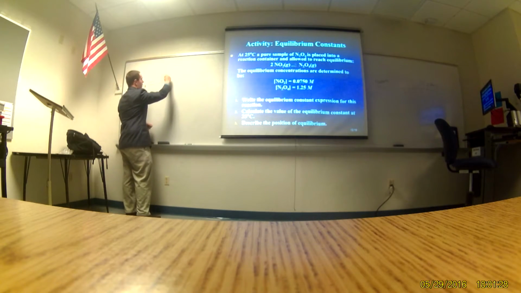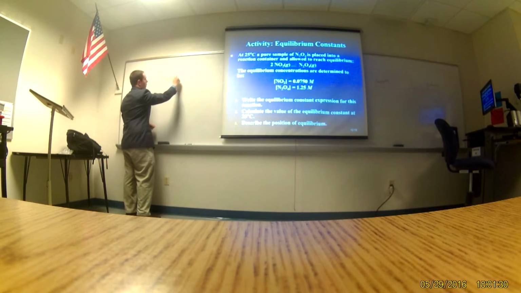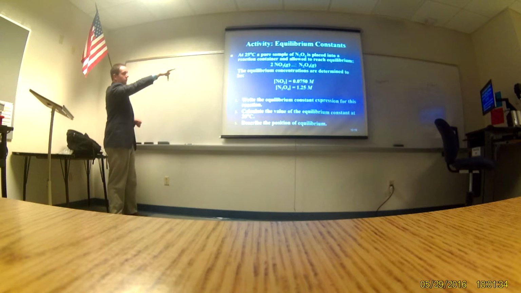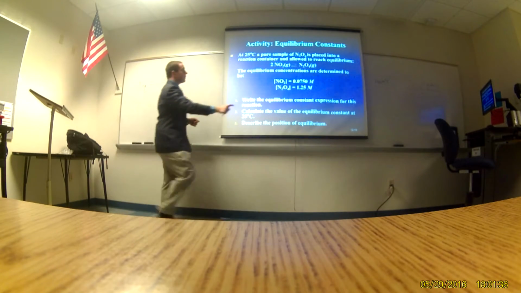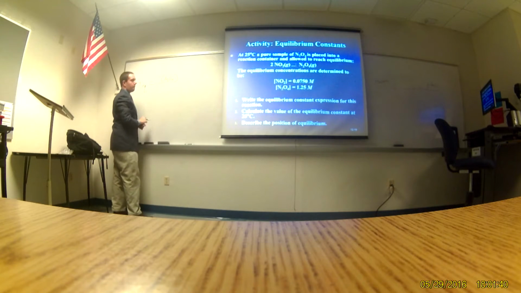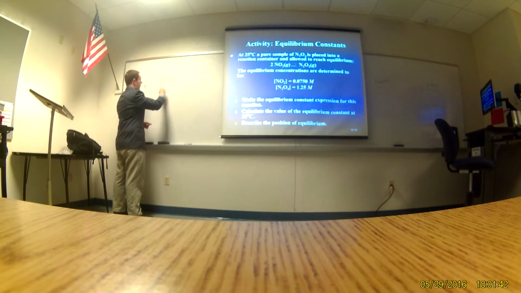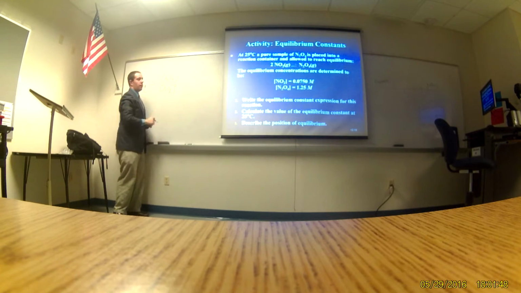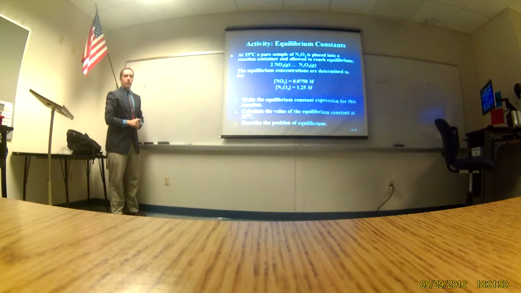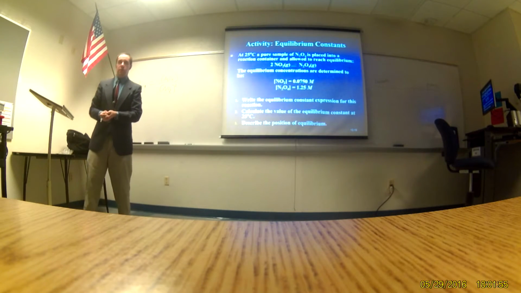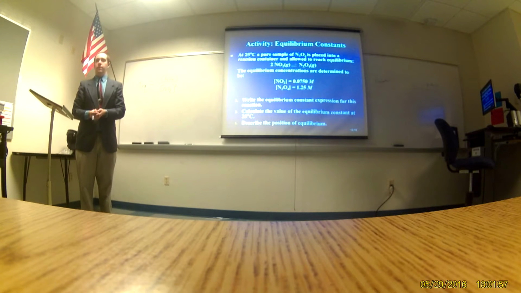We've got N2O4 raised to what power? 1. The coefficient on N2O4 is 1. What's going to be on the bottom? NO2. The 2 ends up there as the exponent. That is the equilibrium constant expression. We're done.